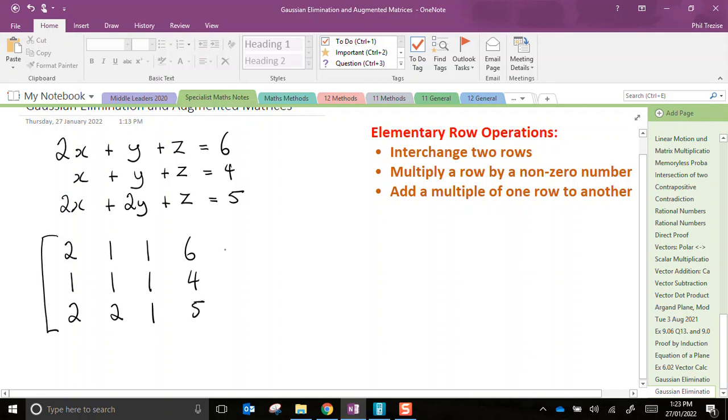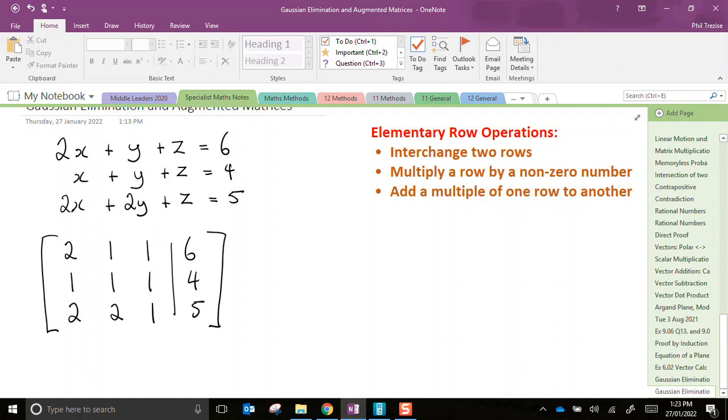So I'll write this as a matrix. And in order to distinguish the fact that the 3 by 3 part on the left is the coefficients of the pronumerals, and the column vector 4, 6, 4, 5 on the right are the constants, I'll put that little dividing line down there between the third column and the fourth column, so that we've got what we call an augmented matrix.